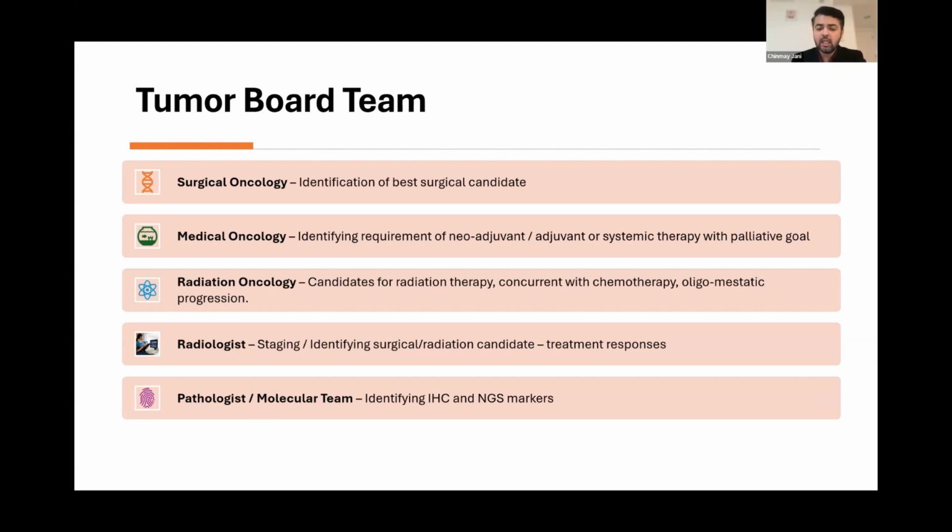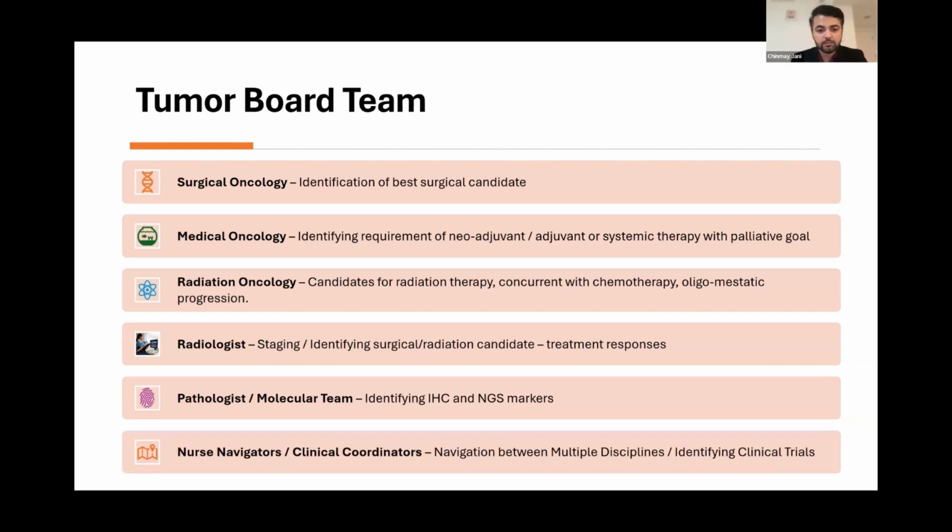Sometimes there are cases where we don't know where the primary is coming from, and those are called cancer of unknown primary origin. And in those cases, various marker evaluation, which means just checking various expression of proteins, can help us sometimes narrow down that this could be coming from a particular organ. So sometimes particular markers like TTF1 can help us identify that this might be coming from lung cancer.